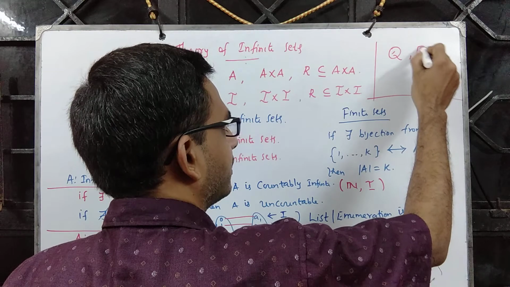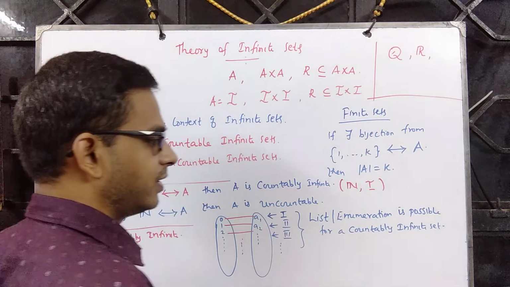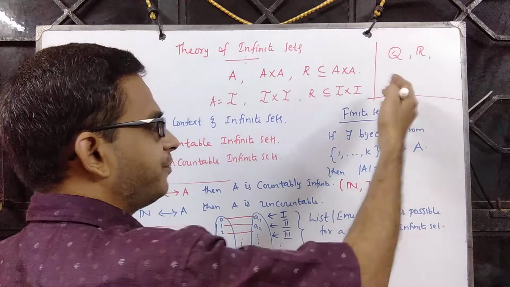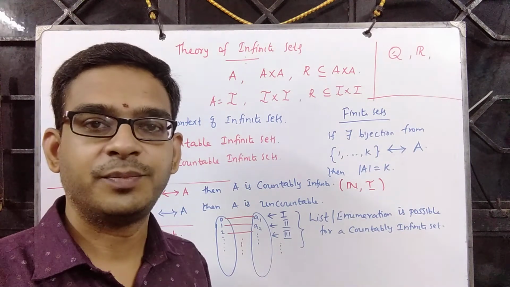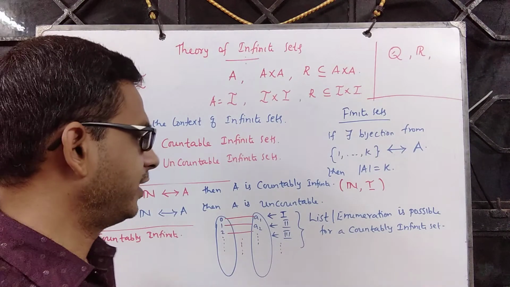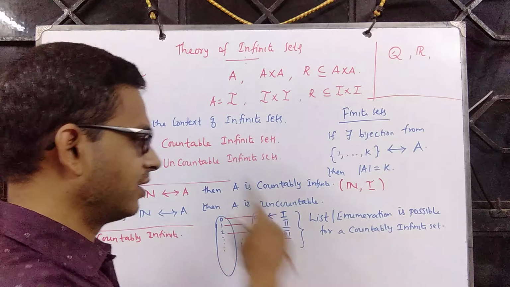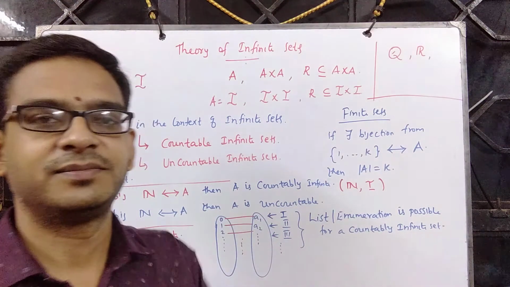What about the set of real numbers? And how many different inputs are possible? How many different computational problems are possible? Are these sets falling into this or this? Which we shall discuss next.